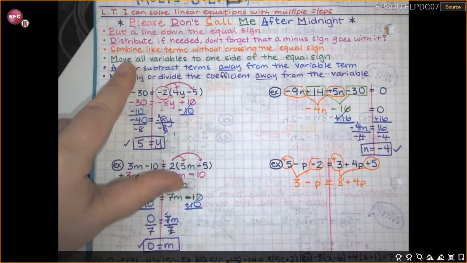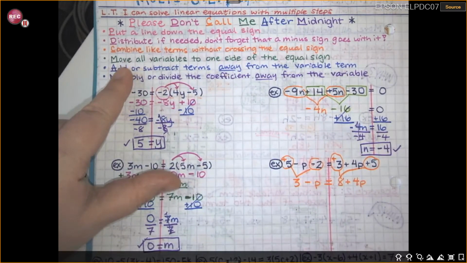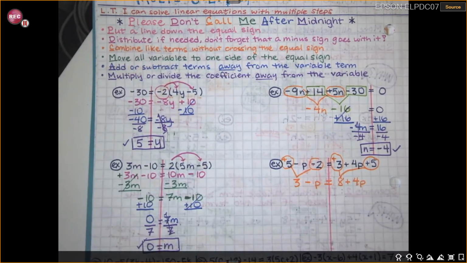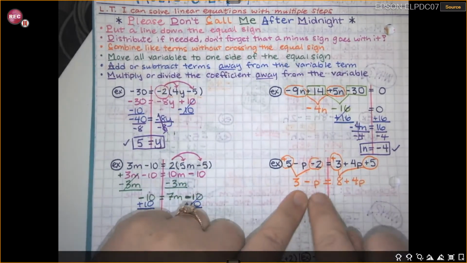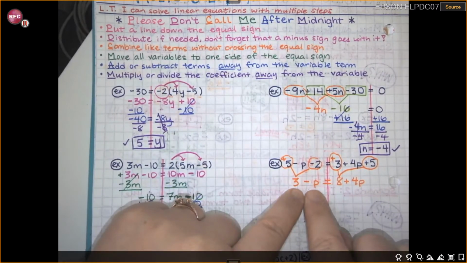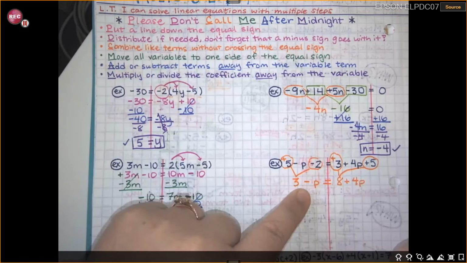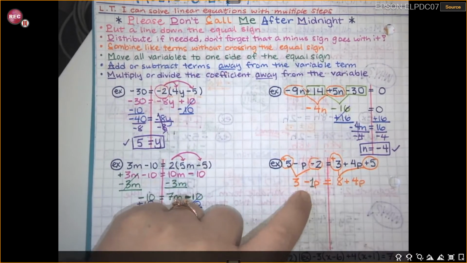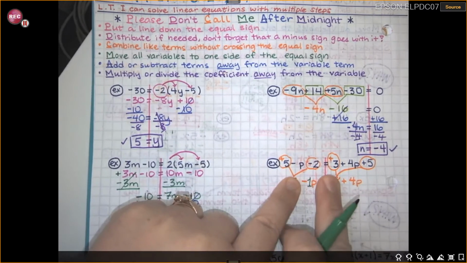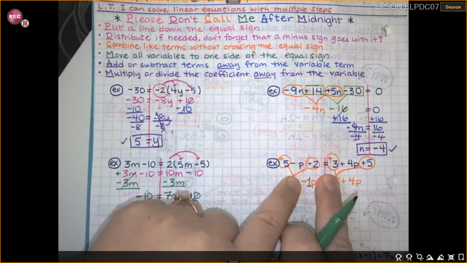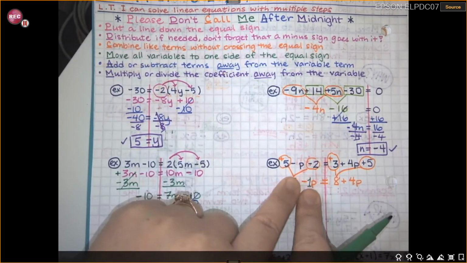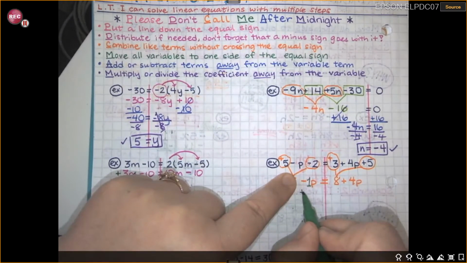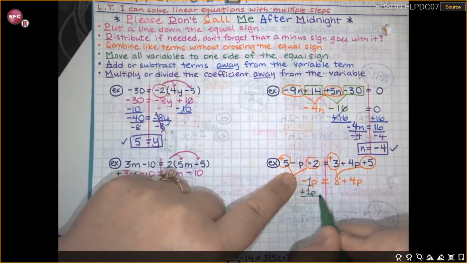Then, my first M, move all variables to one side. Again, you want to move the lesser of the two. So when we first glance at this minus p, it doesn't look like anything, but remember there's technically a 1 there. So that's negative 1p and positive 4p, which is lesser, negative 1. Okay, so we'll do the opposite and add 1p.